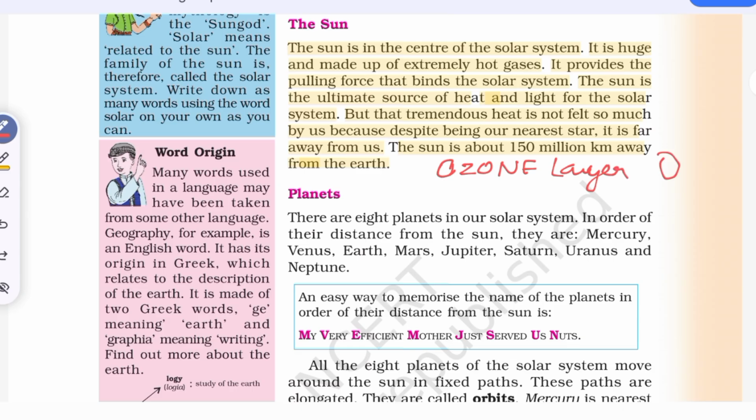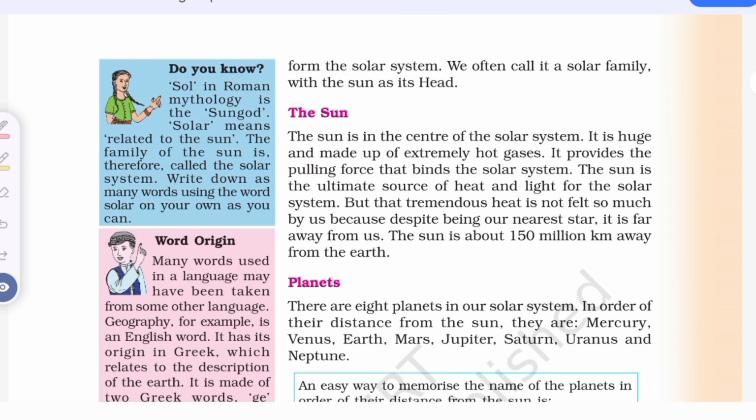It protects us from the harmful UV rays of the sun by making a layer. It is made up of O3, and it is known as the ozone layer. It's for remembering purposes.